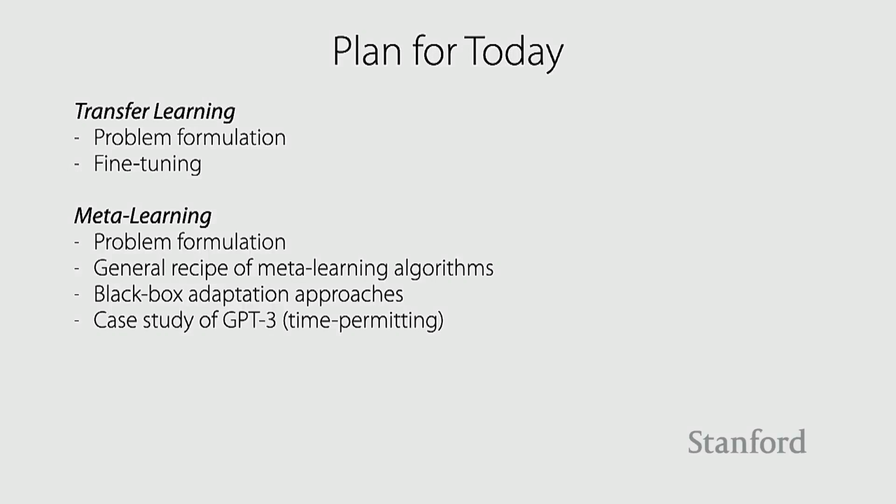And if we have some time, we'll also go through GPT-3, although I suspect we probably won't have time for that, and we'll probably go over it in a future lecture. And also, these first 3 bullet points are the topic of homework 1. You'll be implementing black box meta-learning algorithms. So this lecture will be helpful for that.